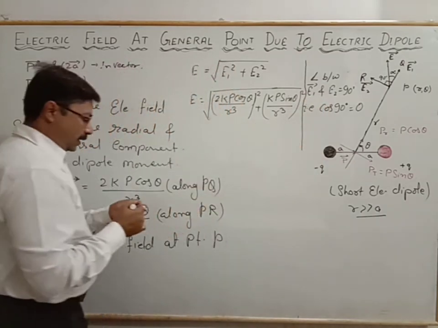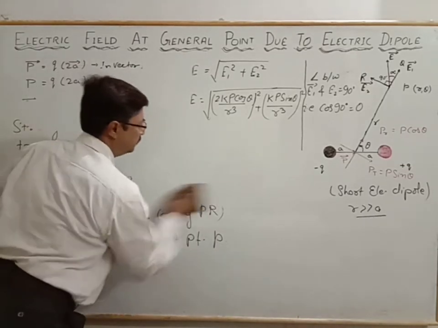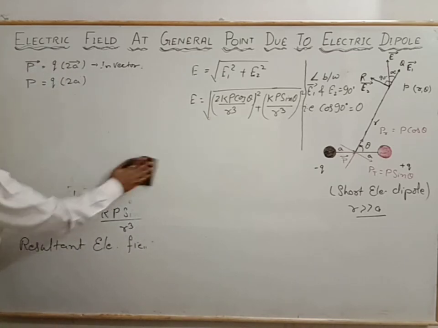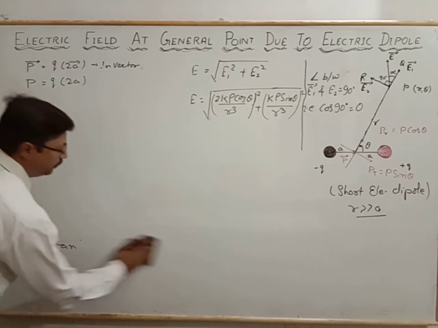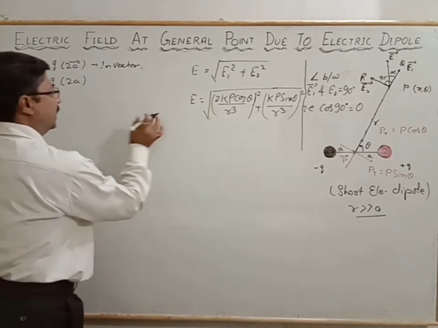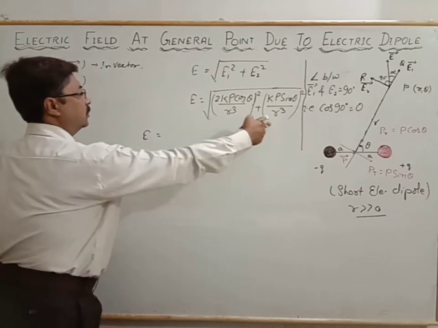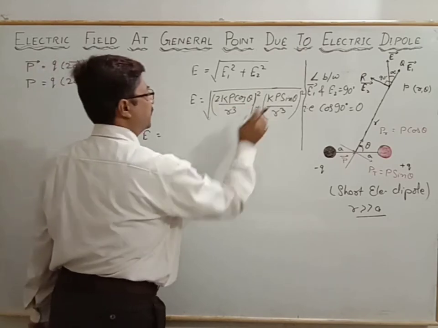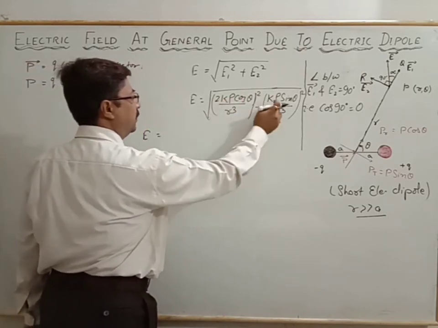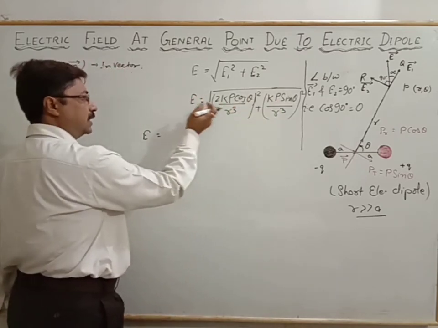Now for the value of the electric field strength at point P, this is the magnitude. We take out the common factor k square, p square, and r to the power 6 from the root.